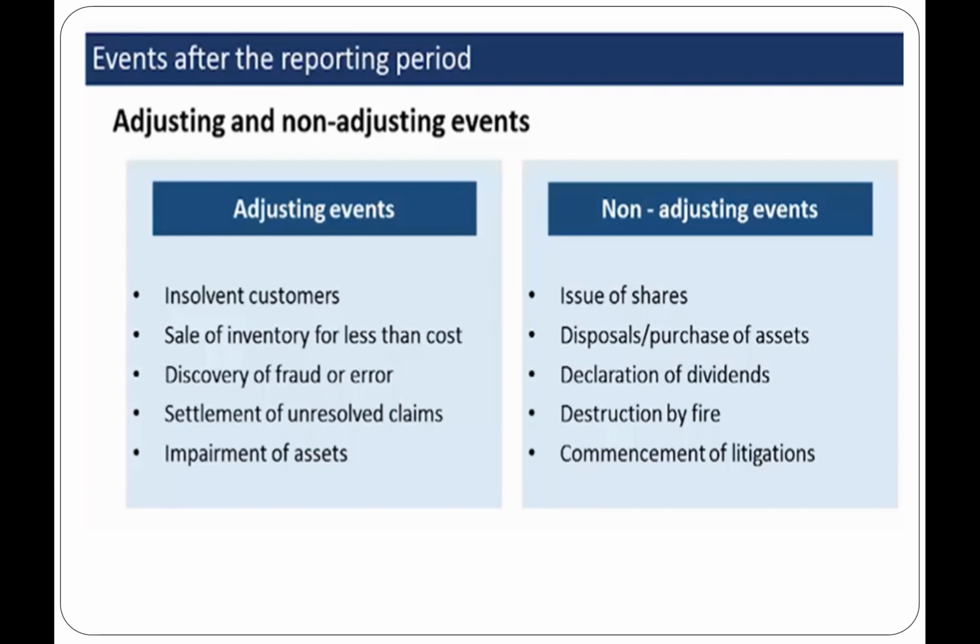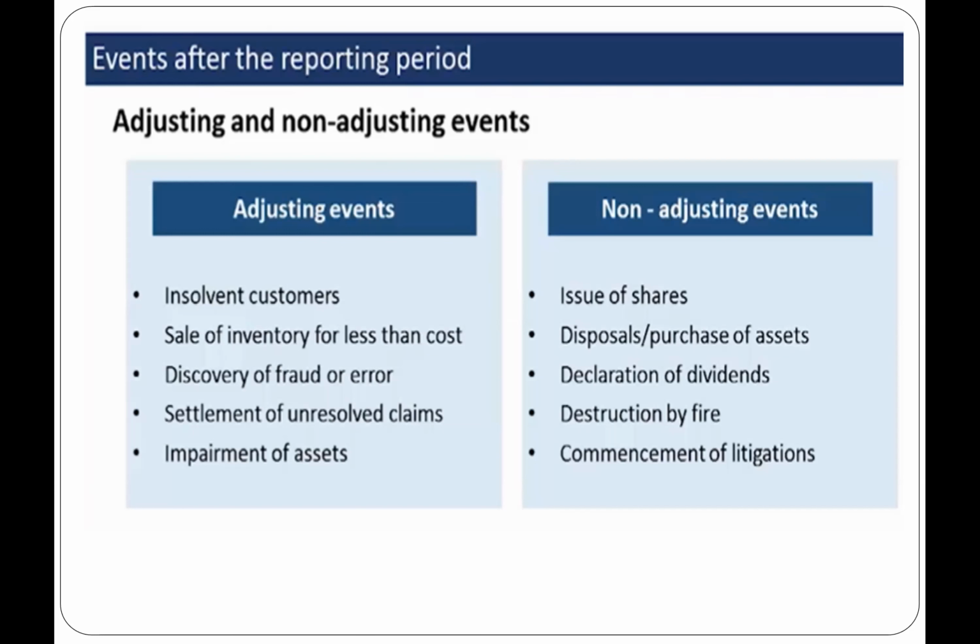So if you determine the recoverable amount after year end, it means you simply go back and adjust the amount so that it shows the recoverable amount if it is lower than the carrying amount of the asset. But I'm sure if you've covered the impairment of assets, you are familiar with this.